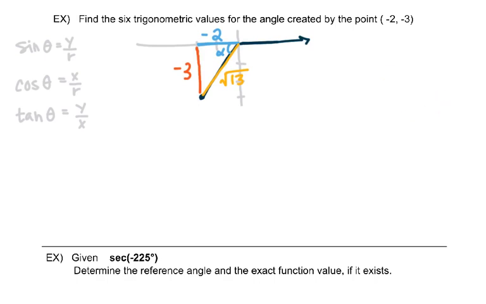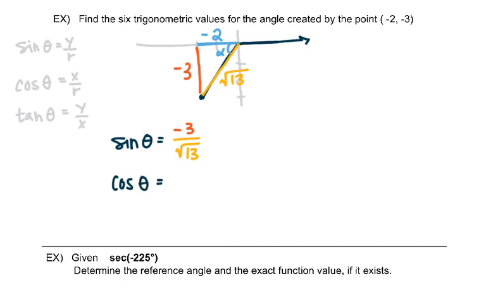All right, so now that we have these three sides, we can state all of these 6 trig function values. So I'll come so far as to say, well, sine of theta is y over r, -3 over that radius, positive root 13.